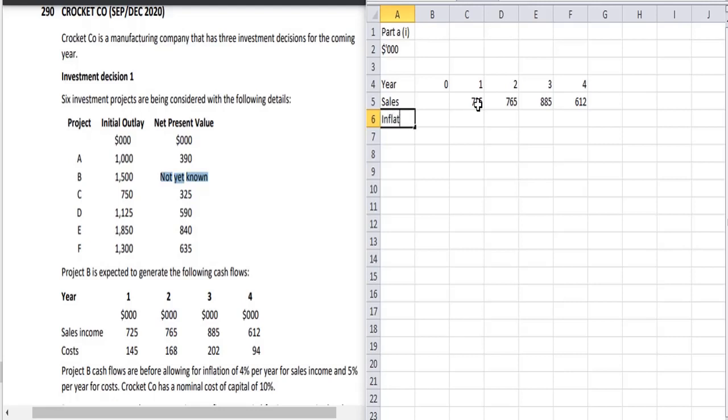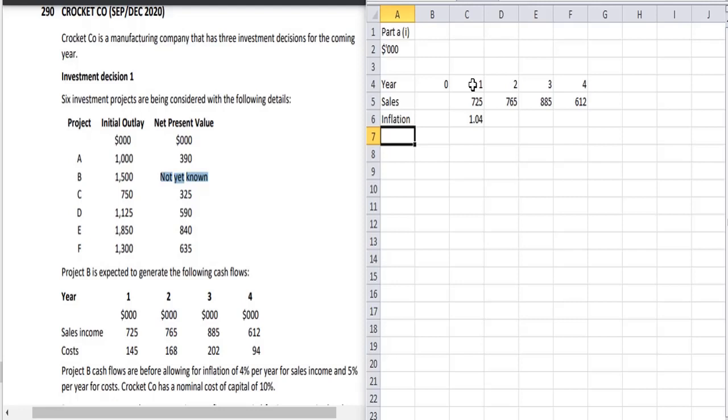Okay, inflate. One thing to remember: if the question doesn't tell which method we should use, just assume nominal. So the inflation percentage for the sales income is 4%, and it will be inflated from year 1, because the question didn't say that the first year's value will be a certain amount, with inflation occurring after that.